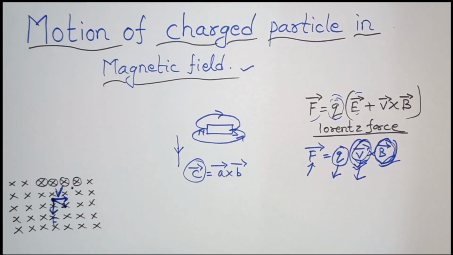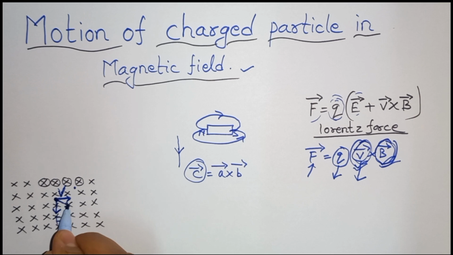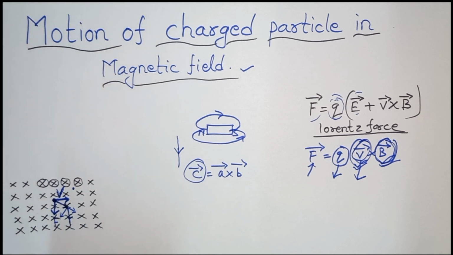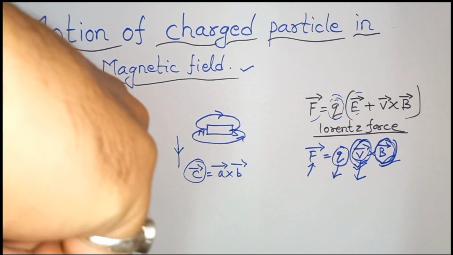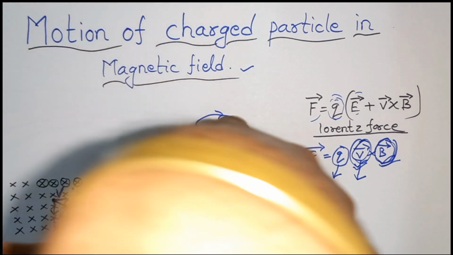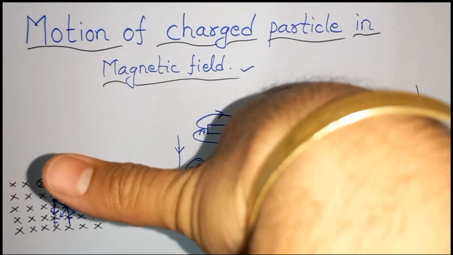Even if the charged particle takes this direction, then the thumb shows the other direction, and the resultant will be in this direction. Now what happens? At every point, the charged particle tries to move in this direction. Again, if we apply it, magnetic field down, and this one in this direction, then the thumb indicates the other direction.